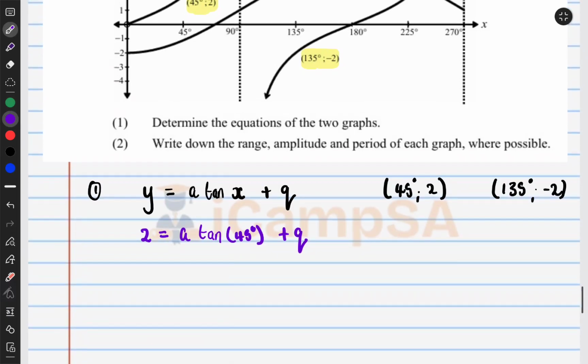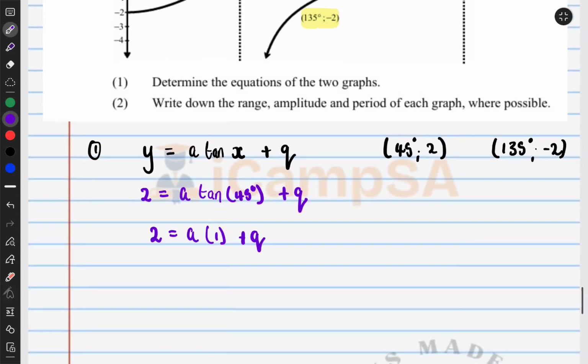What is tan 45? Tan 45 is 1, so we're going to have 2 is equal to a into 1 plus q. Then we make q the subject. q is equal to 2 minus a. That is equation number 1.